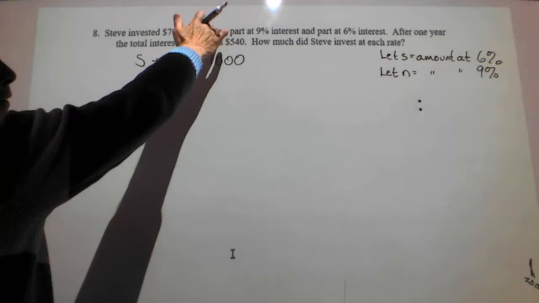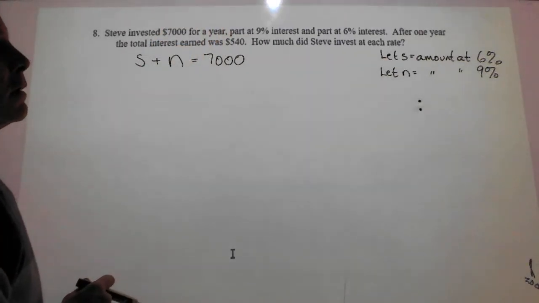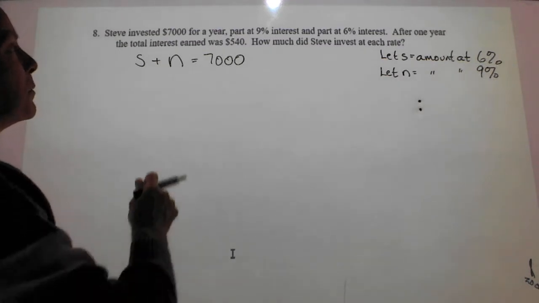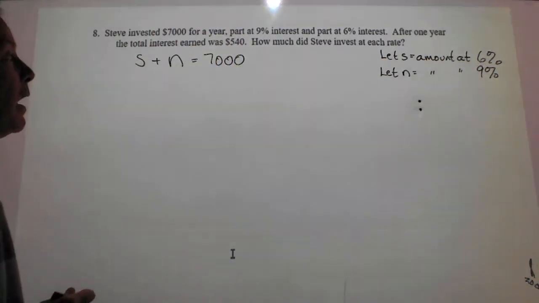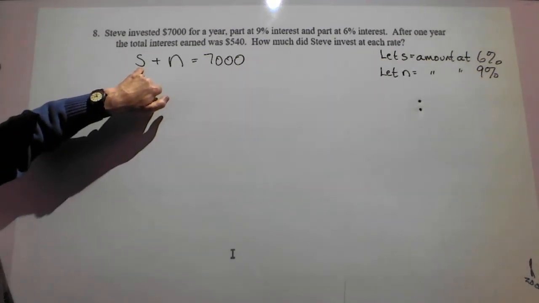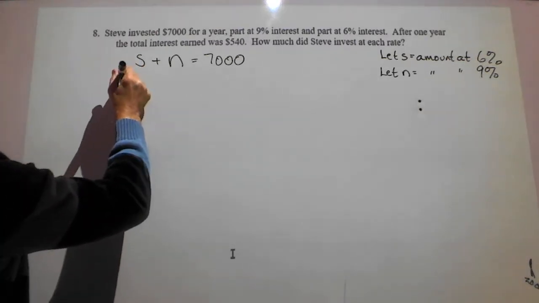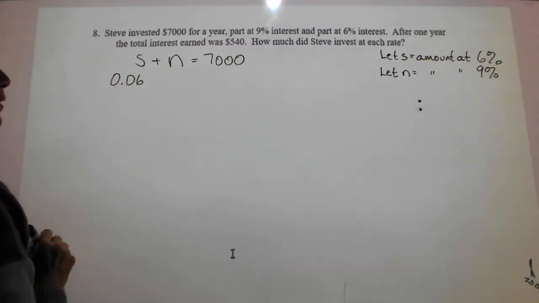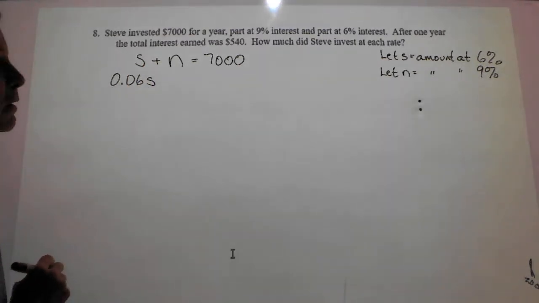In these sorts of problems, your second equation comes from considering the interest. Well, he's going to earn 6% interest on this blob of money. So to figure out that amount of interest, you would go 6% interest multiplied by the amount of money in the account.